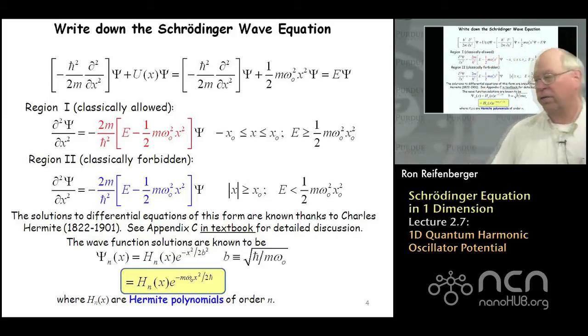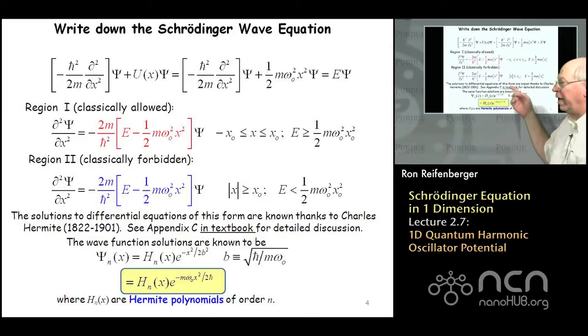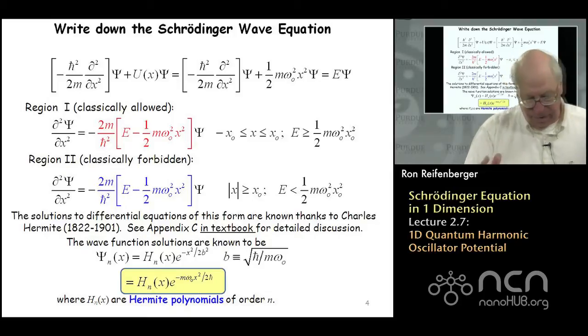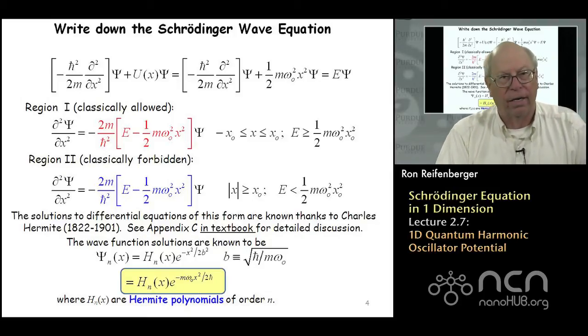So the two differential equations that have to be solved can be written down, and what we need to do is look for solutions to those differential equations. Well, the solutions are complicated, I'll tell you that up front right now.